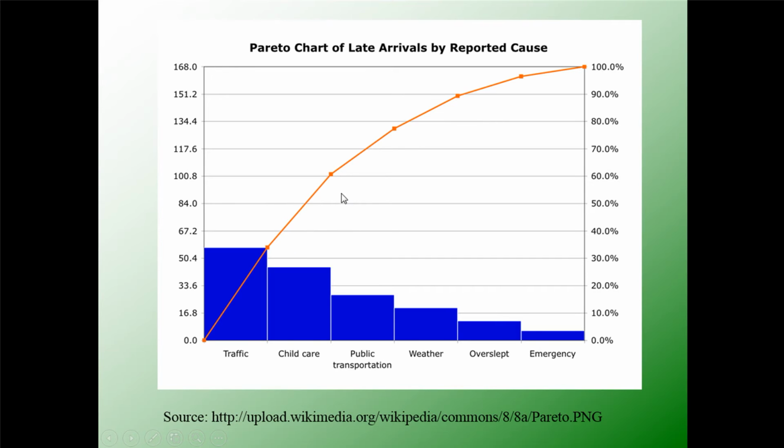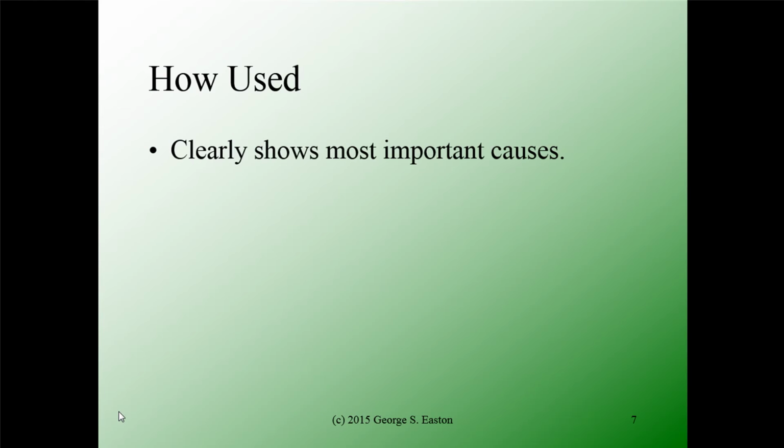So, for example, the top 2 causes here relate to about 60% of the late arrivals. The top 3 causes are approaching, looks like, about 78%, and so on. So this line is just the cumulative distribution of the causes. So this shows you essentially what the Pareto chart is, and it's an extremely important quality tool.